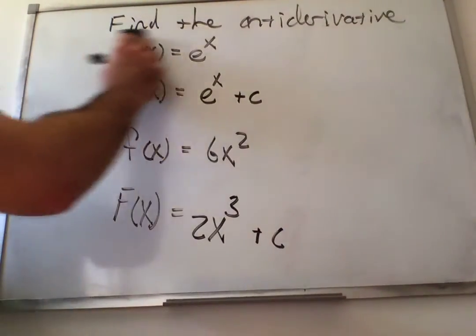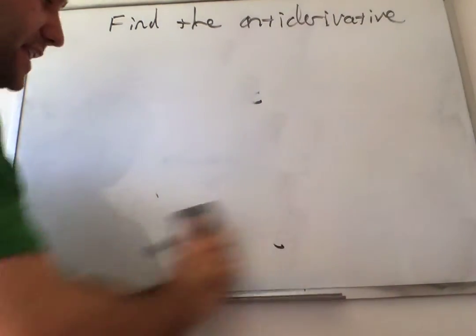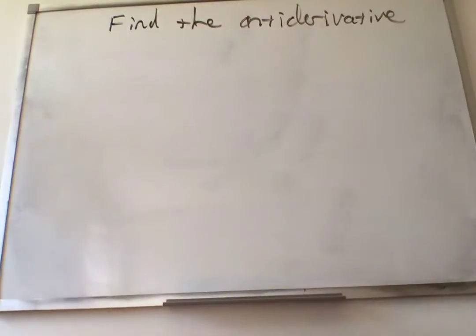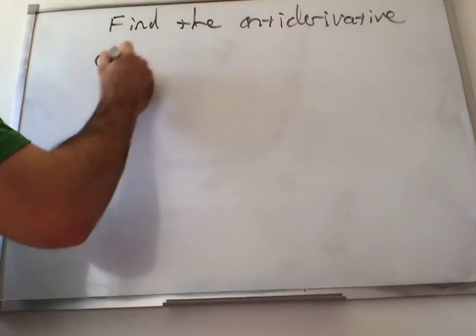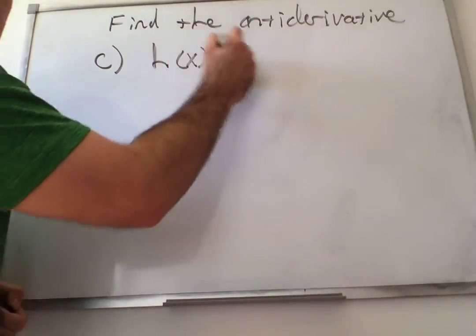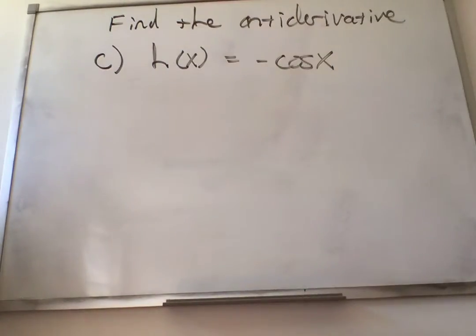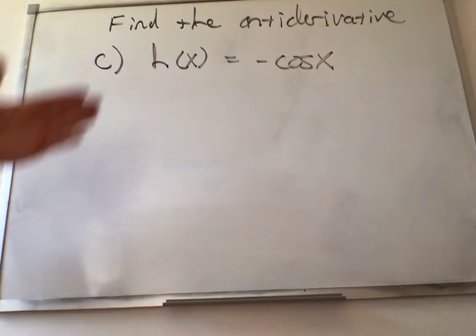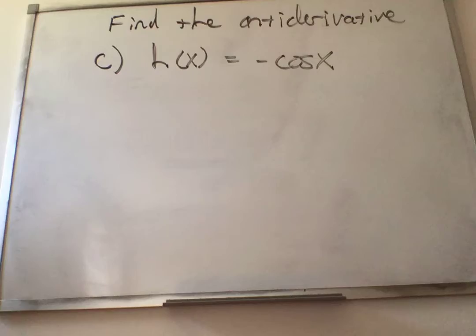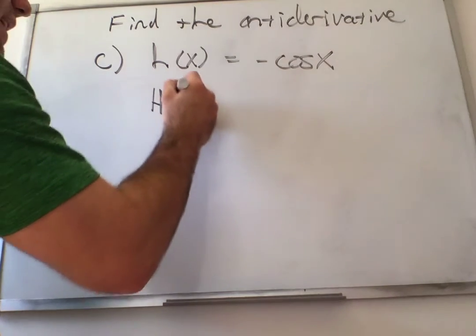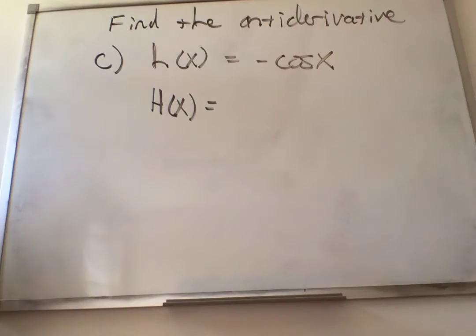So let's do the last example I have there. C, h of x is equal to negative cosine of x. So this is a trig derivative, or sorry, a trig function. So the antiderivative should probably be another trig function.